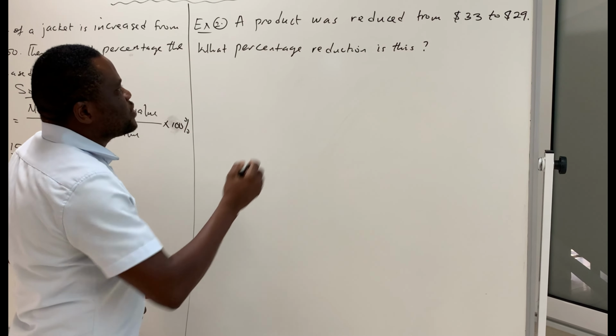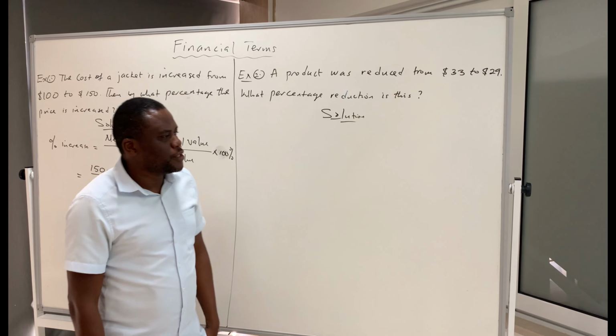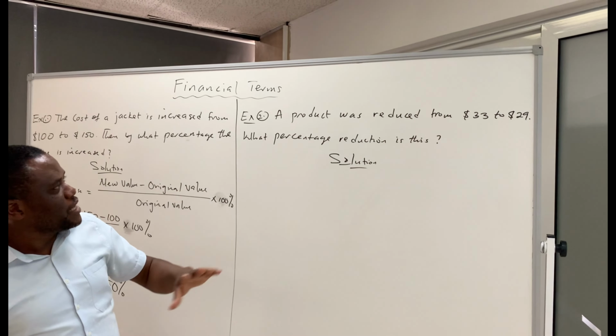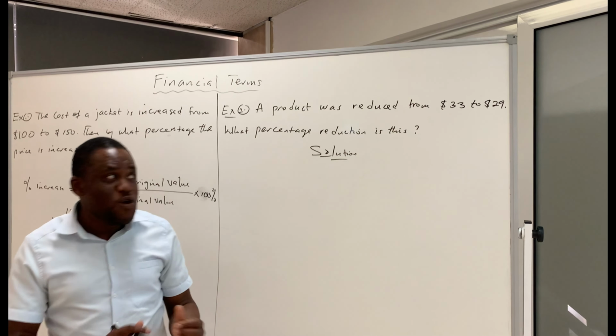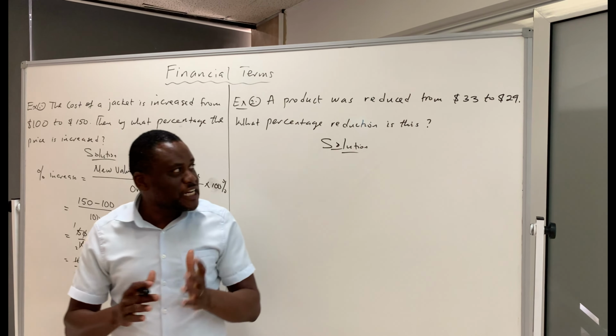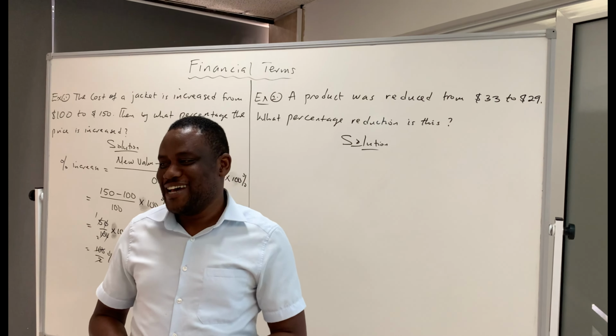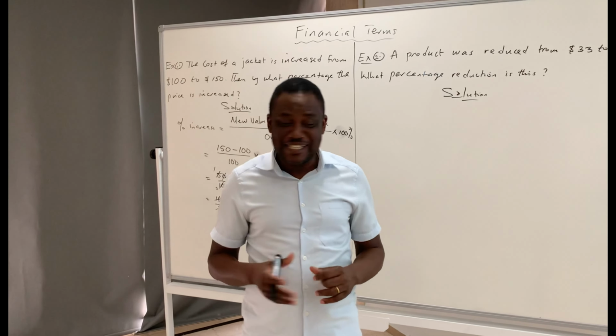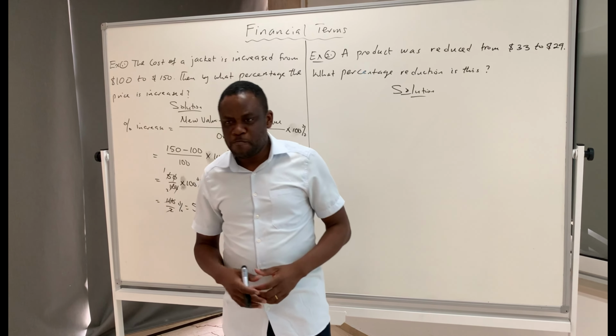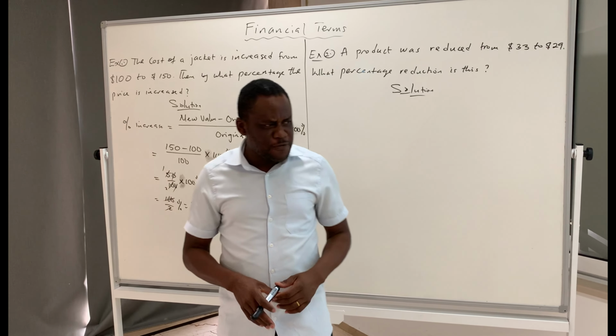So, what is the formula? Okay, good. So the second example says a product was reduced from $33 to $29. Are you sure products can reduce these days? Products always increase. Well, it's possible to have a reduction.